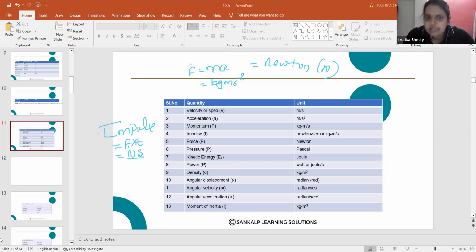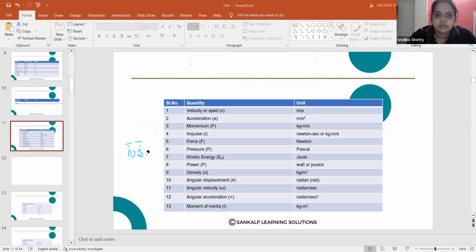So sixth one, pressure. They are writing it as a Pascal, but what is the actual formula or what is the other unit for the pressure? Let us see. Okay, the pressure is given as pressure is equal to force upon area.